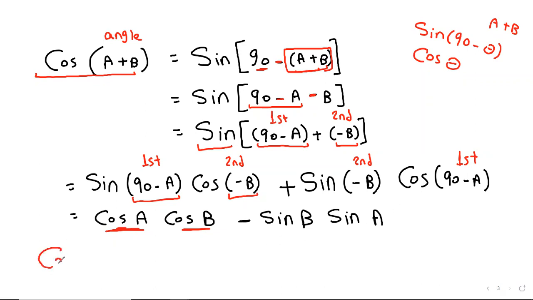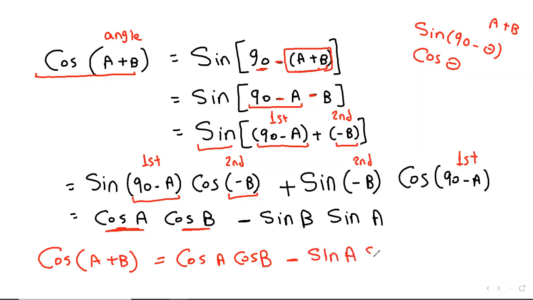So we reach a conclusion: cosine A plus B is equal to cosine A cosine B minus, rearranging, sine A sine B. So if you have cosine of the sum of any two angles, write cosine cosine, and because we have plus here, write minus sine sine.